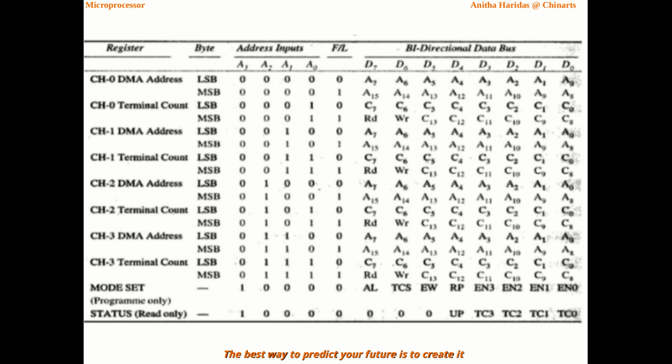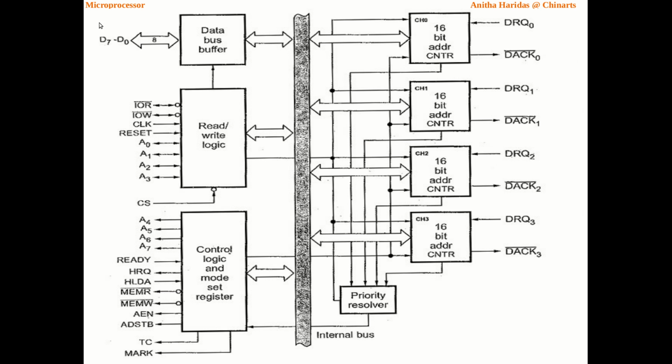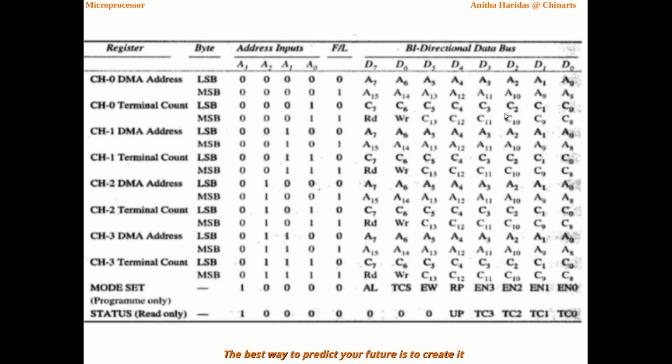So what will the CPU do? First it will send the least significant byte, the LSB, in D0 to D7. So whatever is coming in as D0 to D7, that will be taken as address line 0 to address line 7.